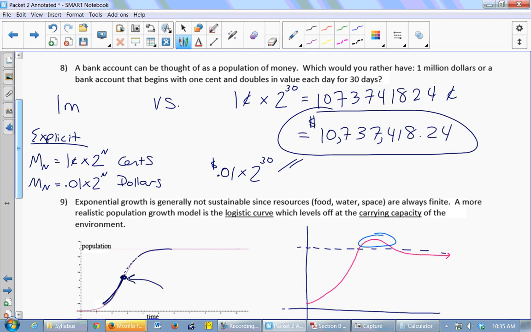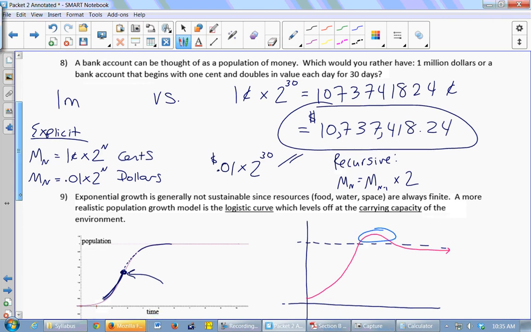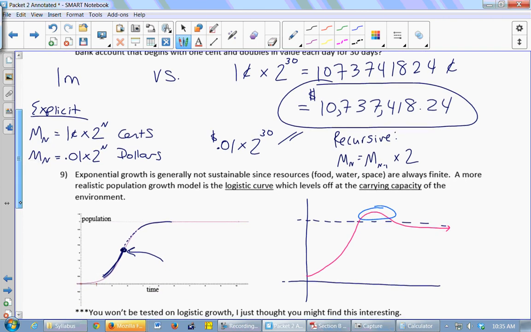So for recursive, m sub n is equal to m sub n minus 1 times 2. Does that agree with you?